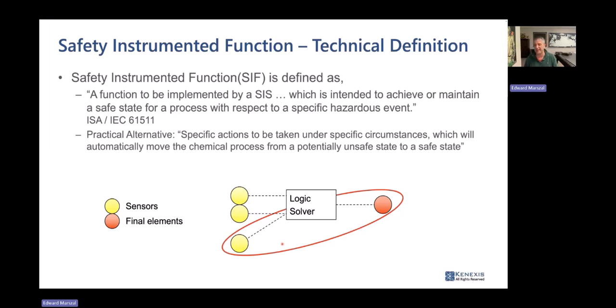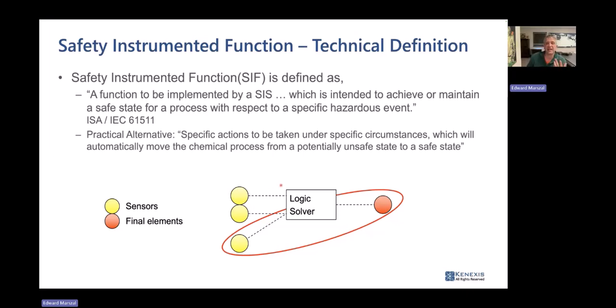This even predates the 2003 version of the IEC 61511 standard. So we're going back in time here. If the definition that you're looking at doesn't match the definition in the new 2016 version of the standard, well, you have to understand the vintage of these definitions, going all the way back to 1996.